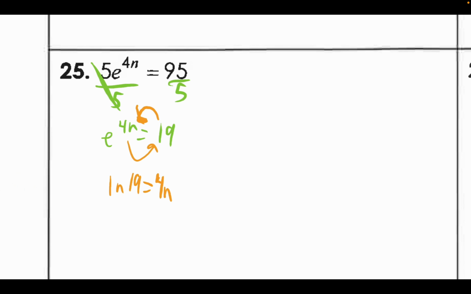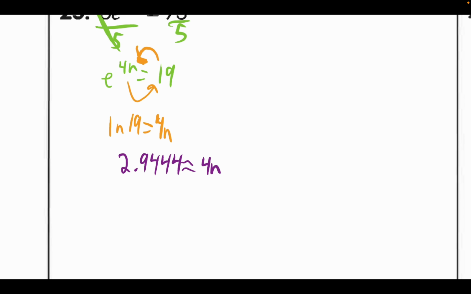And our calculator tells us natural log of 19 is approximately 2.9444. And so then we divide both sides by 4. And that is approximately 0.7361.